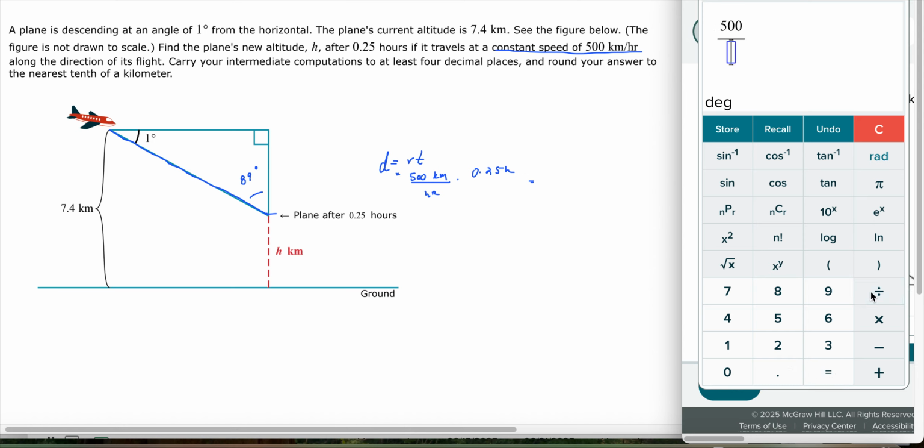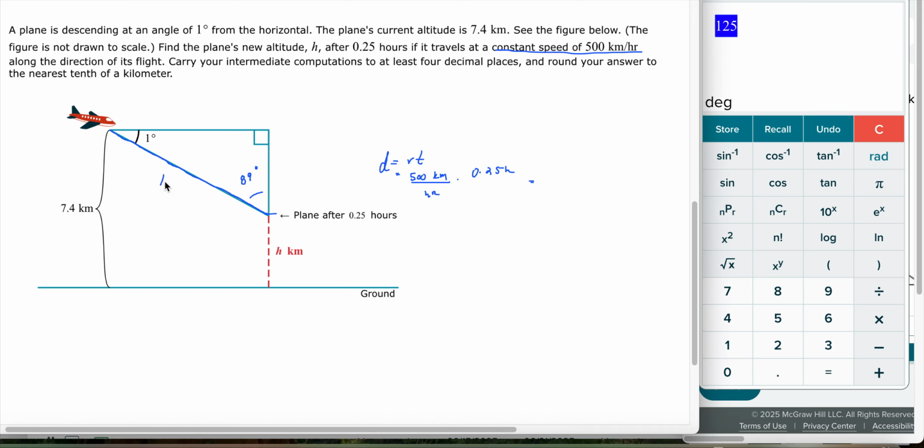Right, we're taking 1/4 of 500. I think I was hitting divide. So 500 times 0.25 should give us 125. That gives me this length right here, so that would be 125 kilometers.